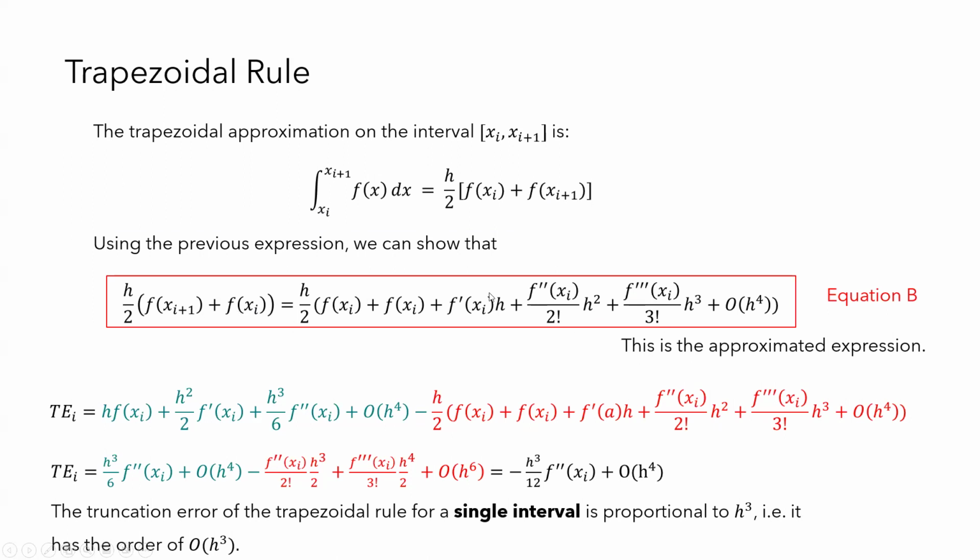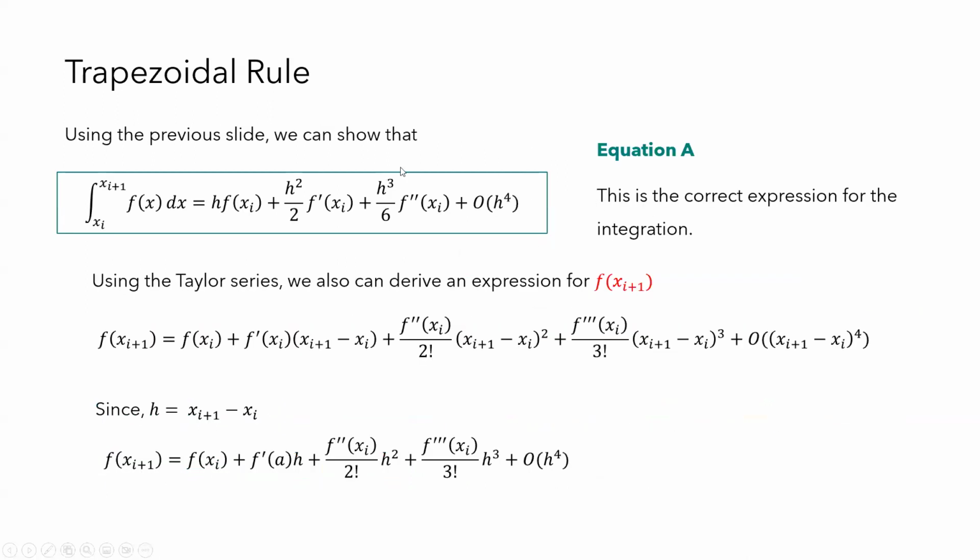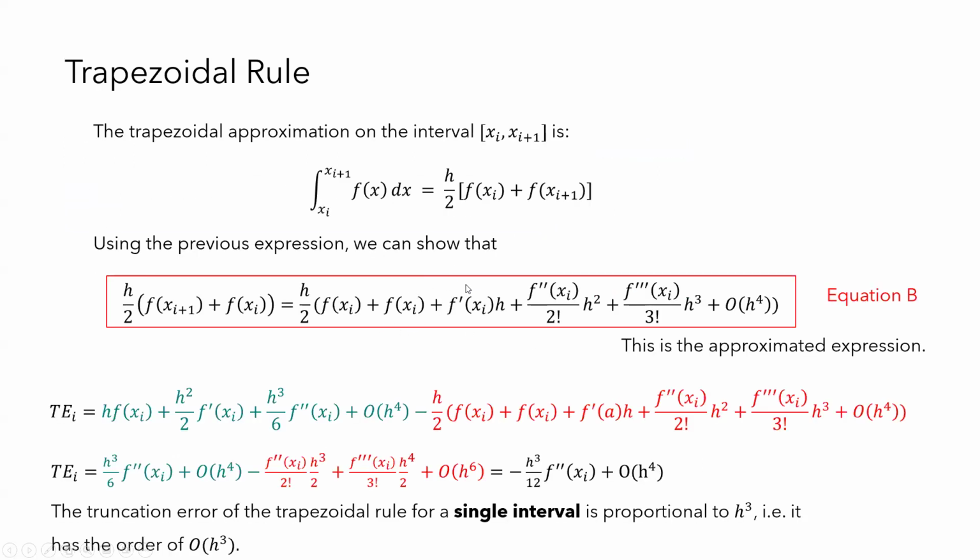So I get this, and I call it equation B. This is the approximated expression for the integration, and this is the true expression. So we have the true expression and also the approximated one.